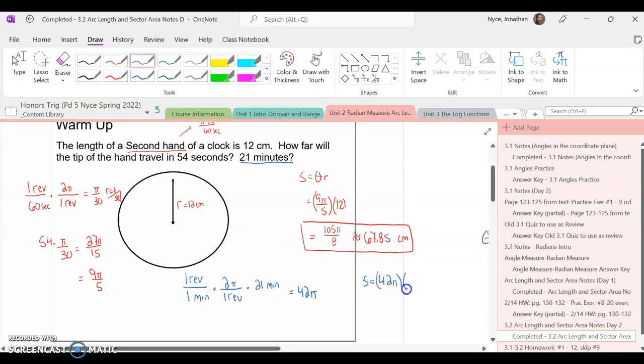Our radius is still 12. Multiply them together, we get 504 pi. And again, that would be centimeters. That's for the warm-up. Again, S equals theta times R. Just find your theta by using what you know a second hand does.